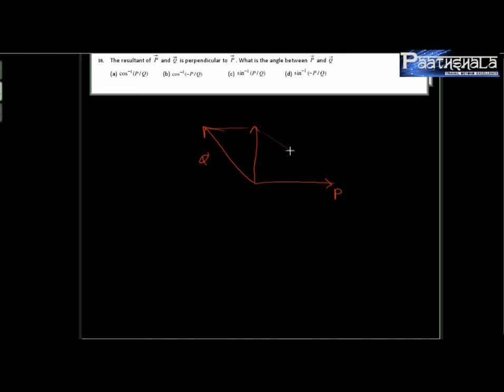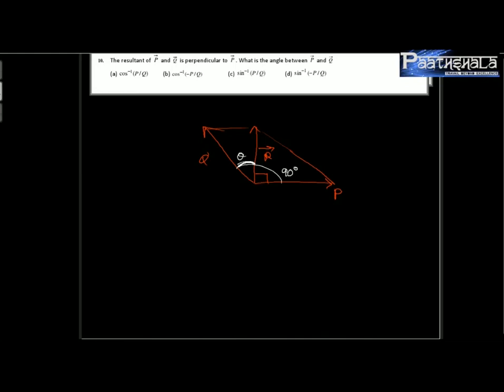So this is the vector P. This is the resultant R. So the angle naturally is obtuse. But this part of the angle, let us label theta, because this is 90 and we already know it.